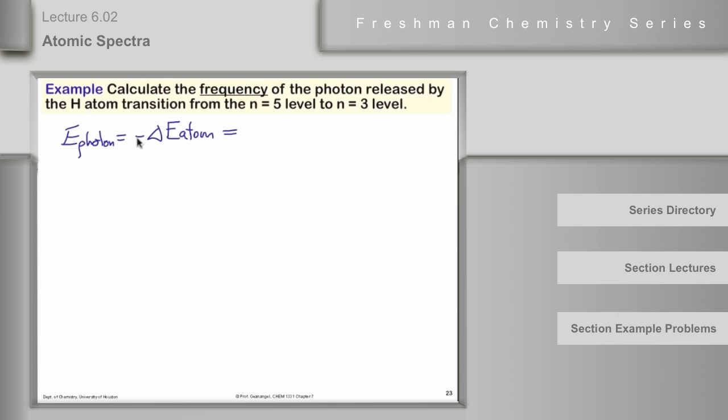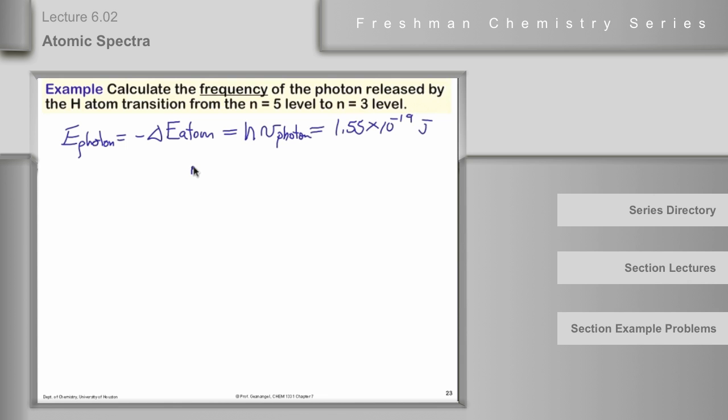And this will be, since it's E of the photon, h nu of the photon. And that will be equal to, from the previous page, 1.55 times 10 to the minus 19th joules. Okay?